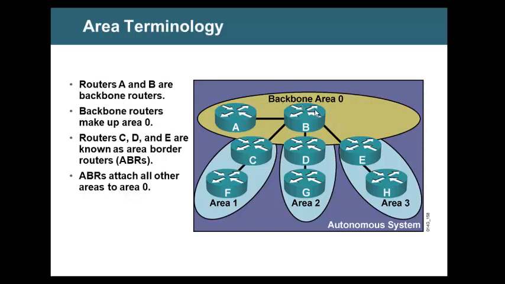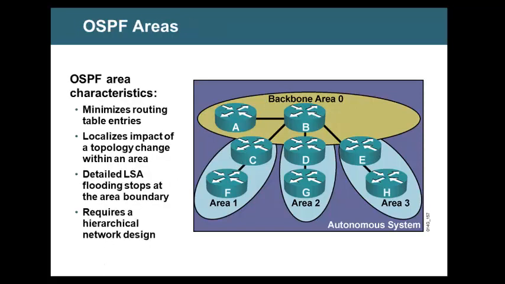Secondly, what is the advantage? Because you are all talking to one common area, if you summarize the route and send to that common area, that summary route will be distributed to other areas. As a result, you can minimize the routing table entries because you are sending summarized routes and they are receiving summarized routes.